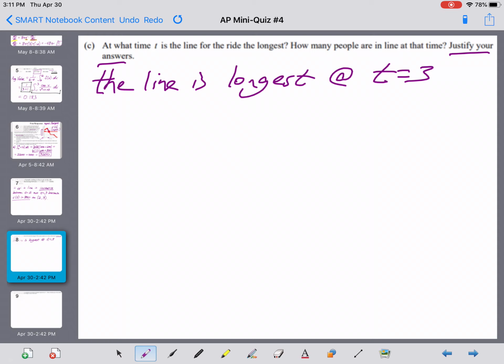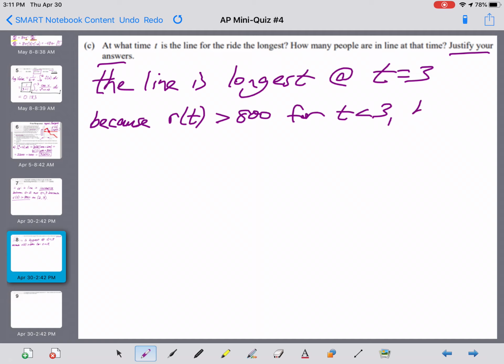So the line is longest at t equals 3 because, no, that sounded a little vague, so let me be a little bit more specific. Because r of t, we would say, is greater than 800 for t less than 3. But r of t is then less than 800 for values of t that are greater than 3. So I think that kind of explains it there.